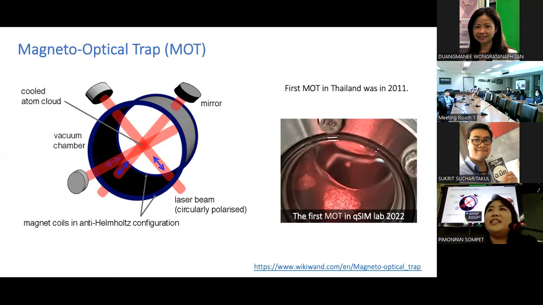What's the difference in time? I would say in the beginning, when we did the MOT in 2017, I was a PhD student here at Chiang Mai University.